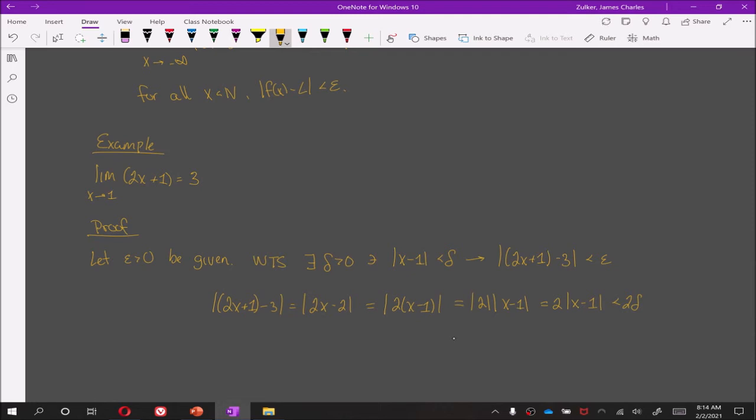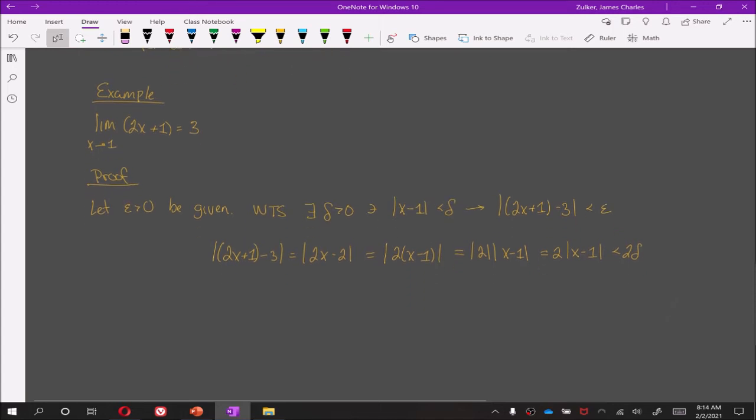Now remember, we want this value here to be less than epsilon.